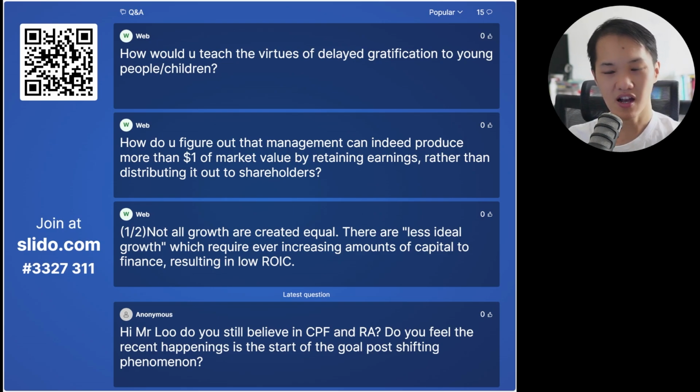Because this kind of conditioning makes them less resilient. For example, everything they ask, you give. Then they go outside and tell someone else, uncle, can you give me this? Then the stranger uncle says, who are you? Why should I give it to you? Then they get disappointed, because they thought the world is such that I just need to ask, then people will give me. Or I don't even need to ask, people will just give me.